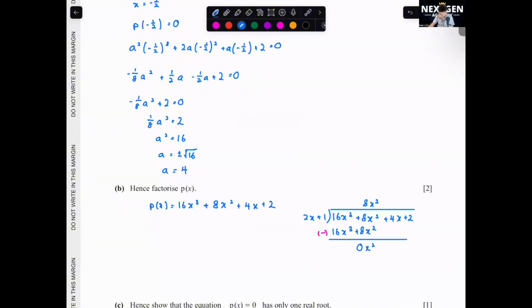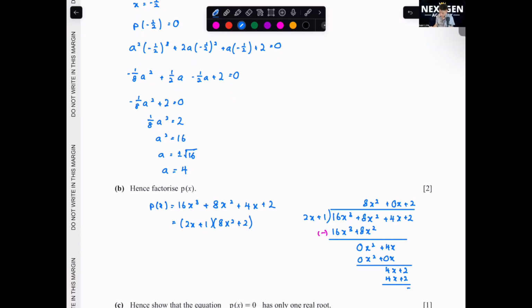So 0x squared plus 4x, you can just write as 0x. Then 4x plus 2. The last one will be plus 2, which is 4x plus 2. So the final answer here will be 2x plus 1, 8x squared plus 2.